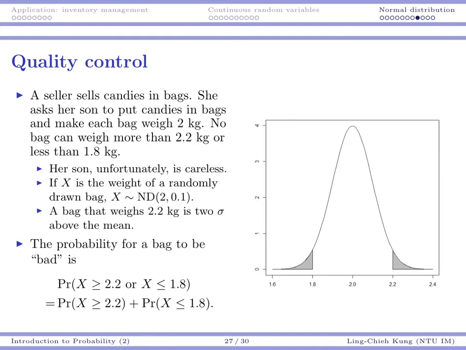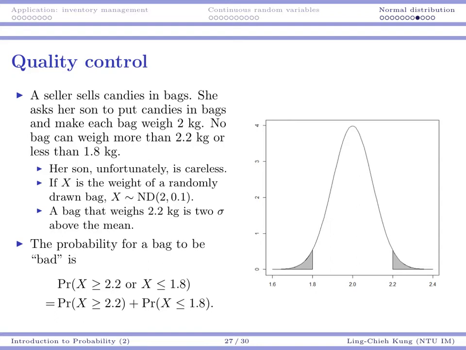I need to ask what's the probability for my bags to be out of control. If my mom set this rule for me, I need to make sure that the probability for my bags to violate the rule is small enough.